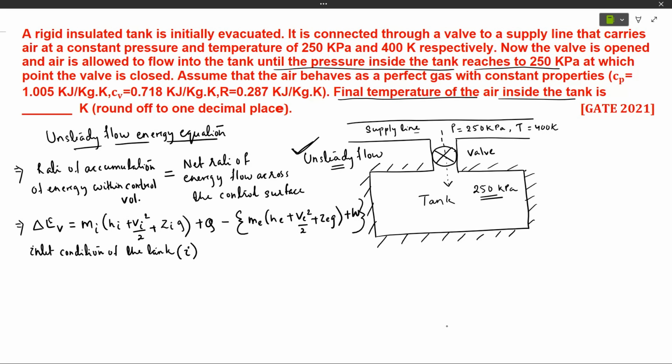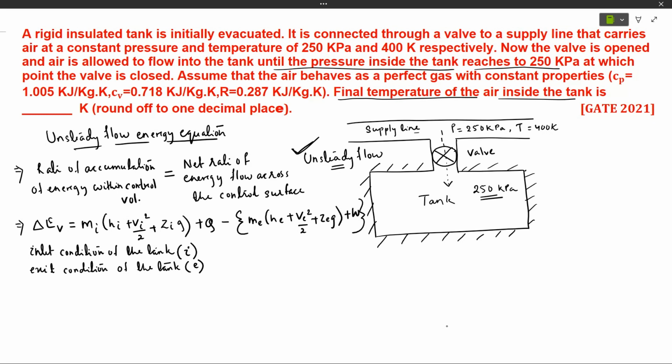Then we have to consider the exit condition of the tank. The exit condition is denoted with subscript E.